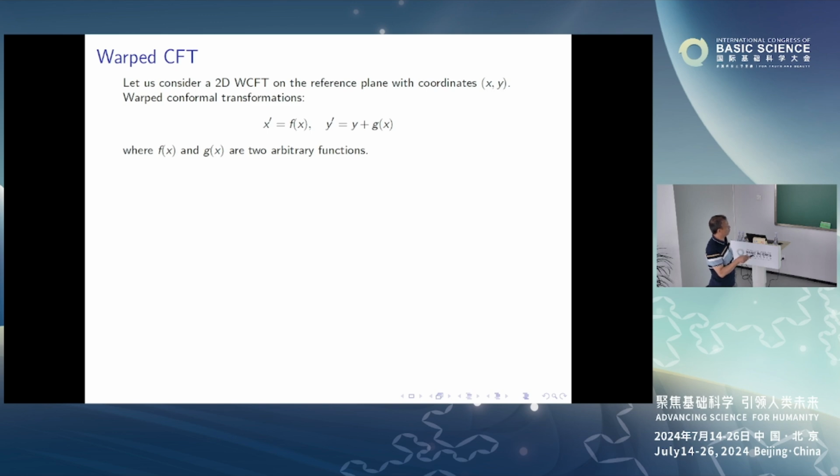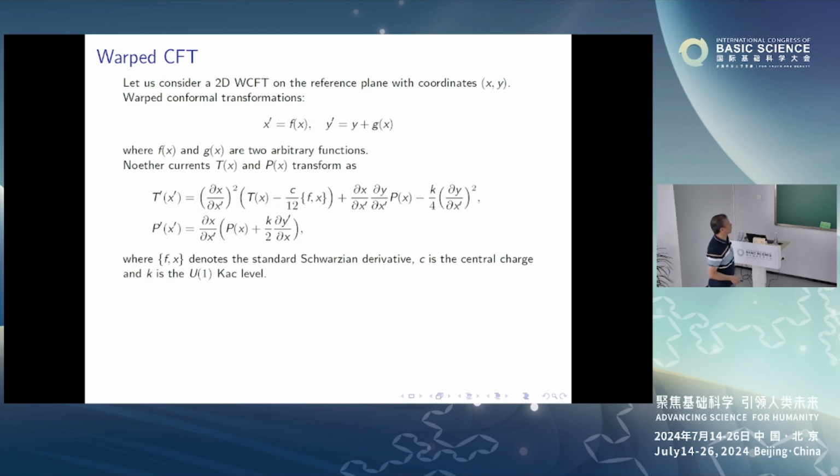You say that Y prime equals Y plus g(X), depending on X, where f and g are two arbitrary functions. So one can work out the Noether currents T and P, which transform in this way, with some technical detail.